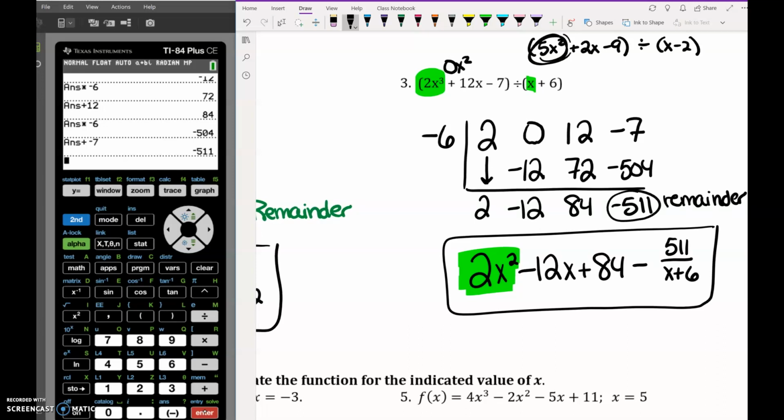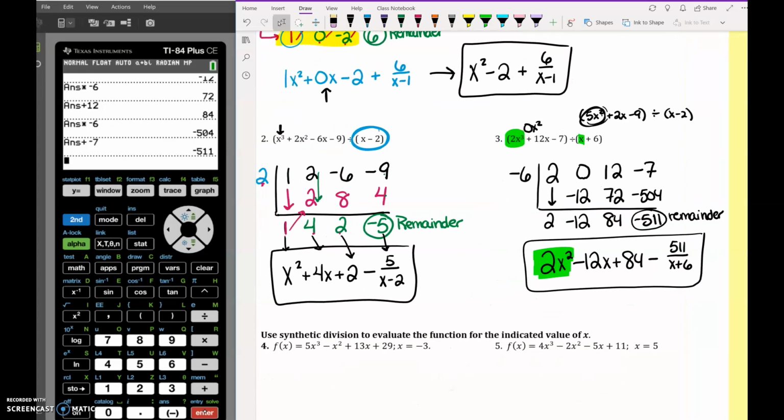If you start with x squared, then what's your answer going to start with? Just x. So once you get to the end of your synthetic division, you would have whatever number times x plus or minus a number, and then your remainder after that. So keep in mind, whatever term you start with, your answer is going to have an exponent 1 less than what you started with. Okay?